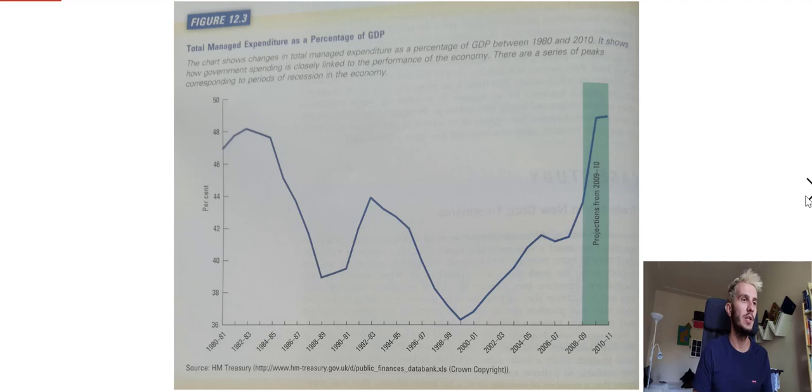And total managed expenditure as a percentage of GDP. Changes in total managed expenditure between 1998 and 2010. It shows how government spending is closely linked to the performance of the economy. There are a series of peaks corresponding to periods of recession in the economy.